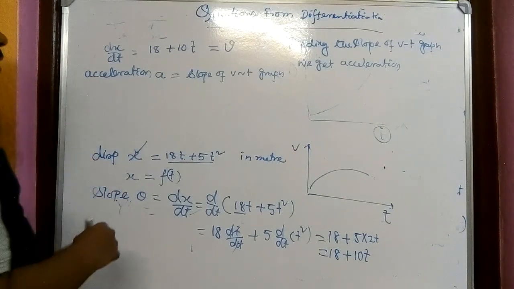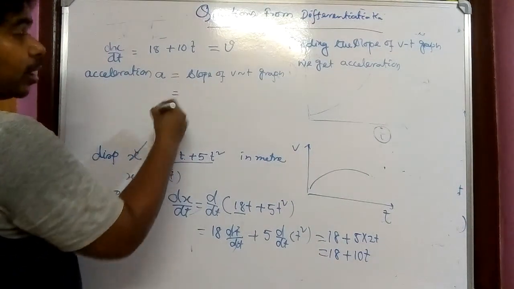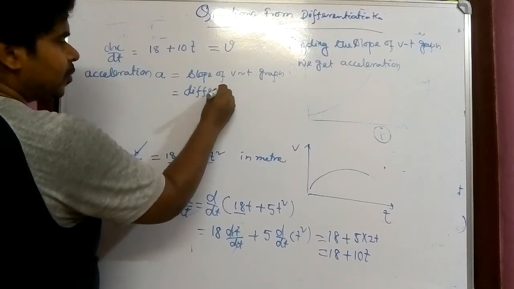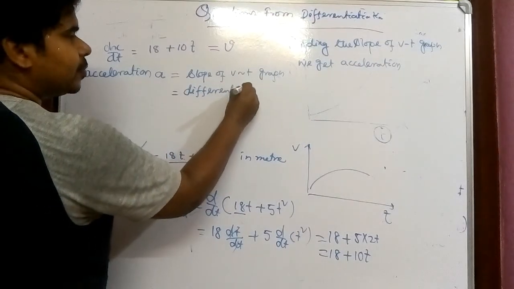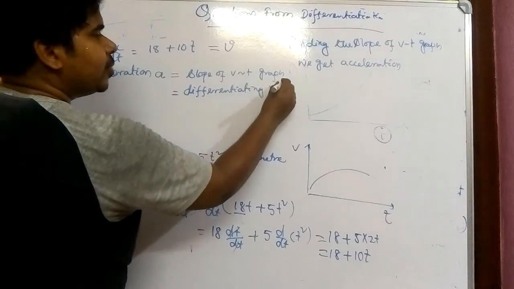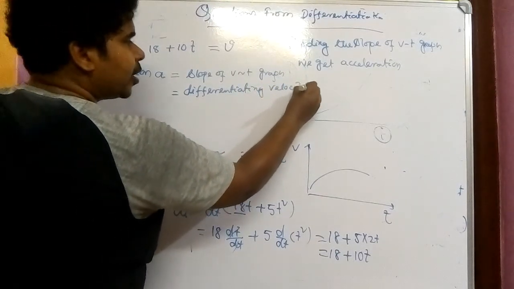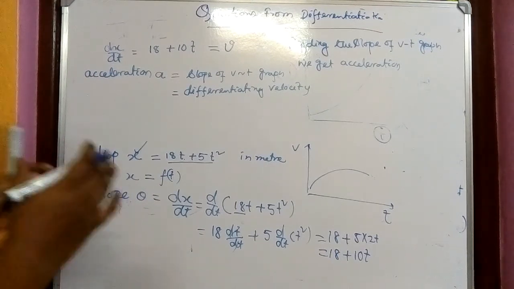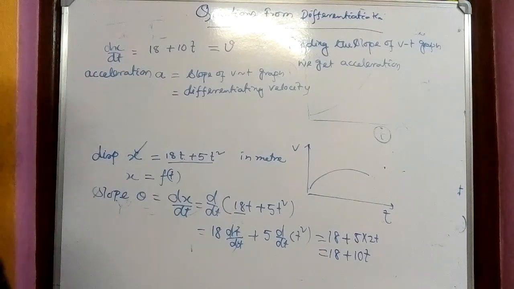And slope of the velocity time graph means how can we find it? By differentiating velocity. So if I differentiate the velocity, I can get the acceleration. So let's differentiate it.